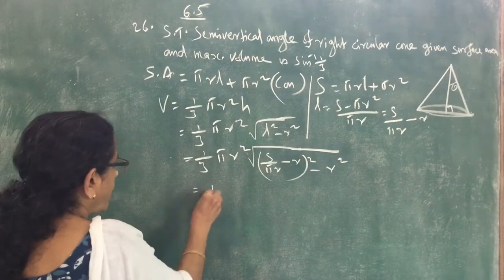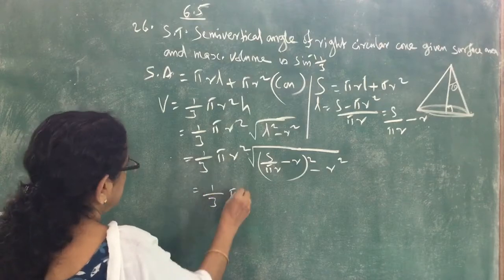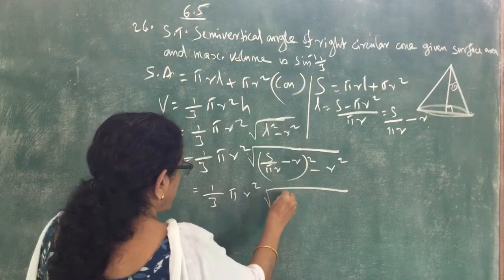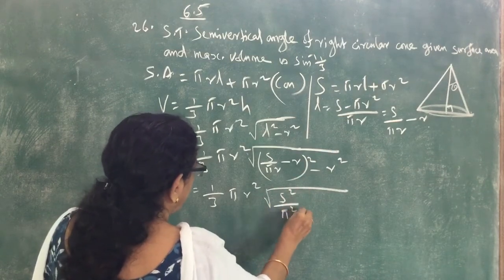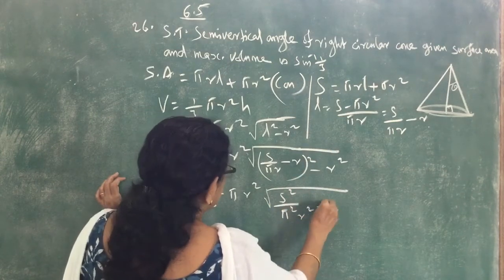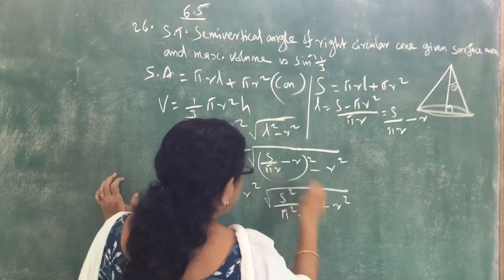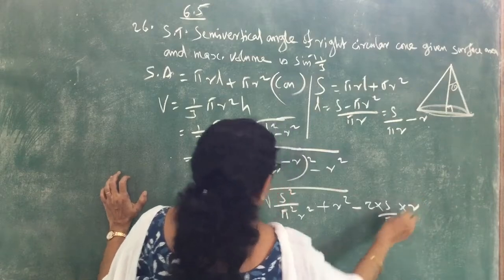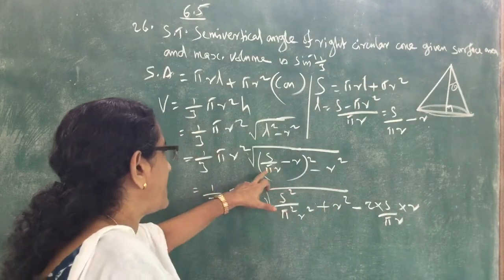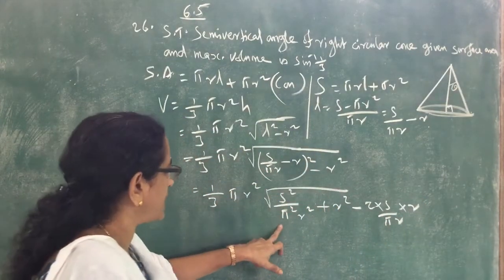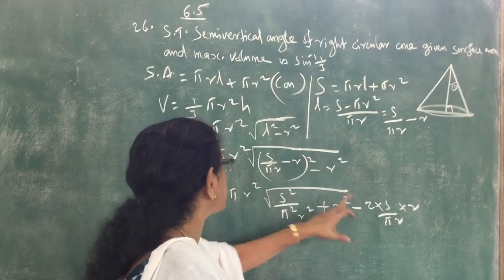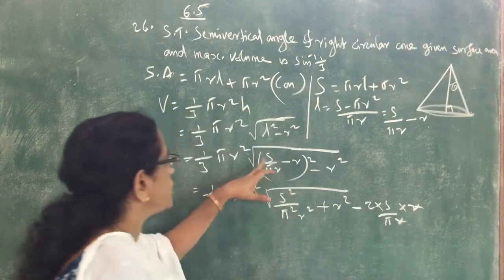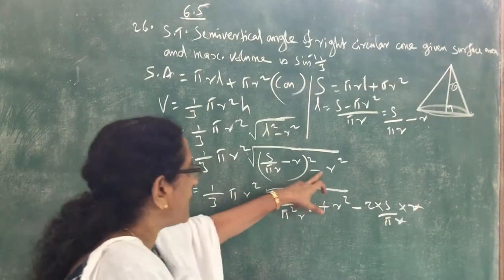That is equal to 1 by 3 pi R square into root of A minus B whole square, that is S square by pi square R square plus R square then minus 2 into S by pi R into R. So we expanded A minus B whole square: S square by pi square R square plus R square minus 2 into S by pi. So R we can cancel. So we get 2S by pi minus 2S by pi minus this R square.